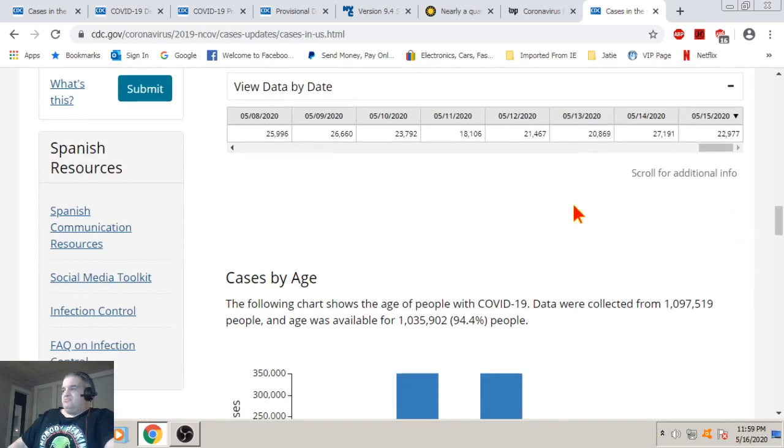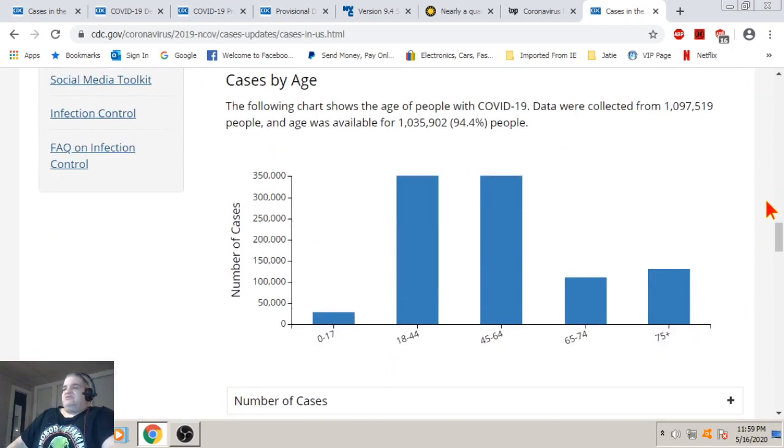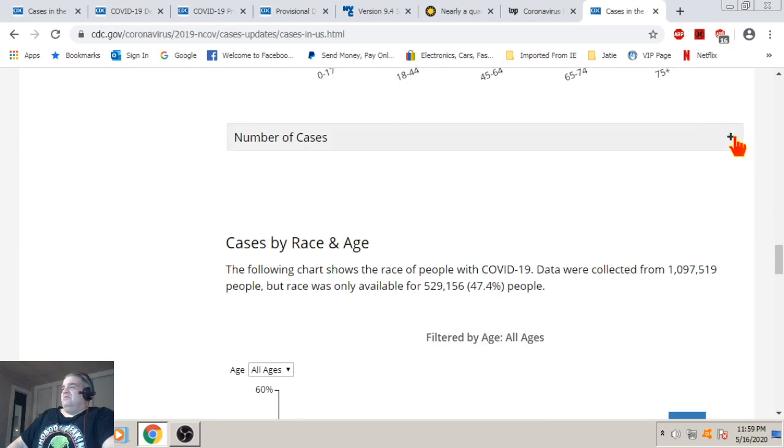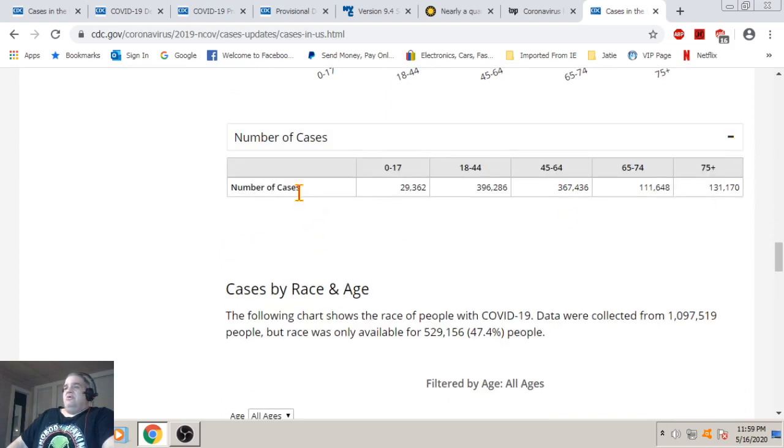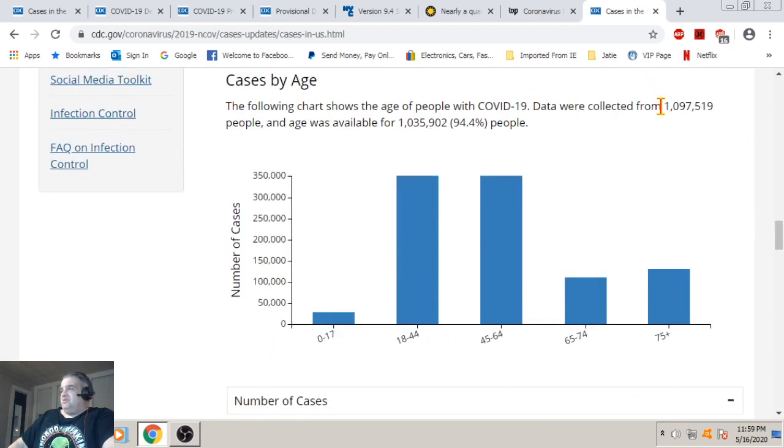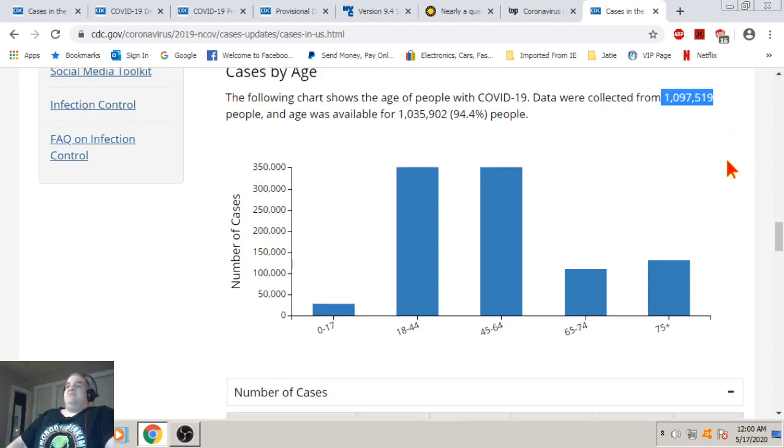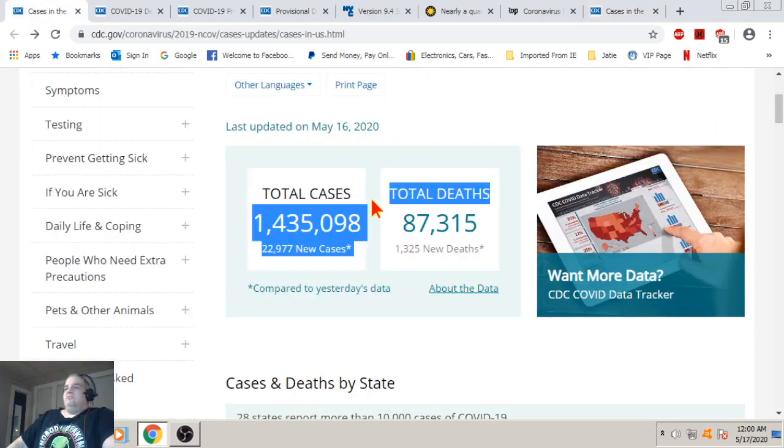It used to right here. It's sad that they're doing it this way. You get the number of cases here. If you add these totals, you're going to get this number here. This number is off. I'm going to be honest with you right now. That's the same number it was for my last video. It's gone up just over 30,000 cases, but it's still off by 300,000 compared to that right there.